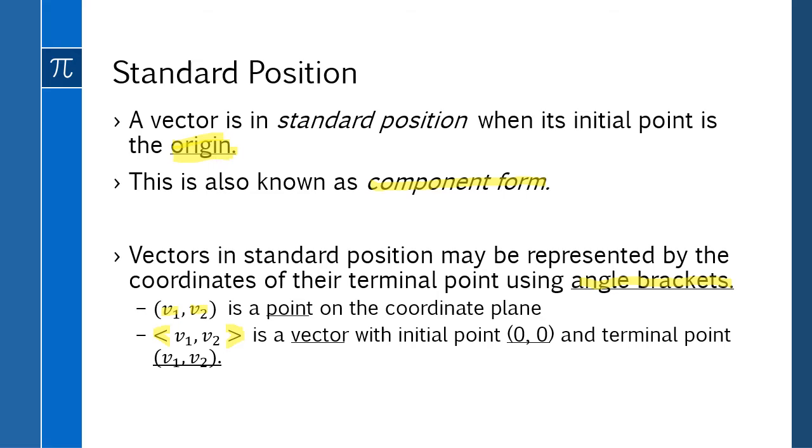So if you see something like bracket 2, 3, you can just type that in if you need to. It's the same as the greater than and less than signs. But this represents not just a point on the plane, but a vector that starts at the origin and ends at that point on the graph.